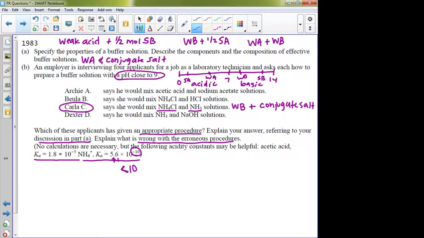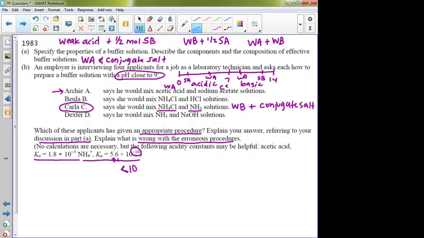All right. So let's look at Archie A first. Why is Archie A's not going to work? So he has acetic acid, which is a what kind of acid? There you go. He's got acetic acid, which is a weak acid. Is sodium acetate the conjugate salt of that? Yes.